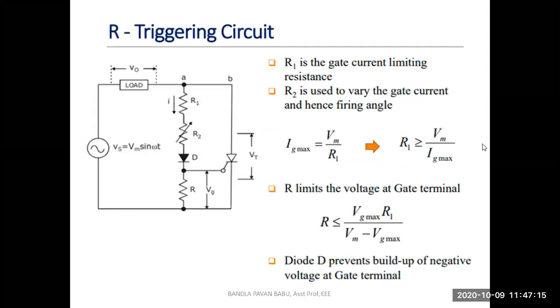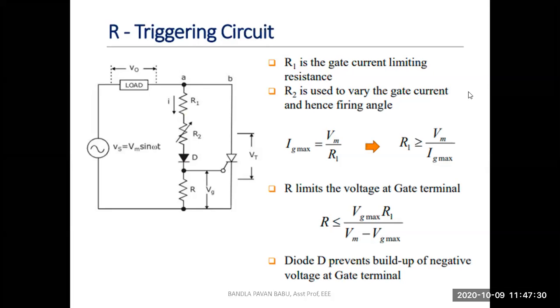Next we'll start the SCR triggering circuits. In that, R and RC triggering will be discussed. Before that, I would like to once again highlight that these are currently not commercially used methods.